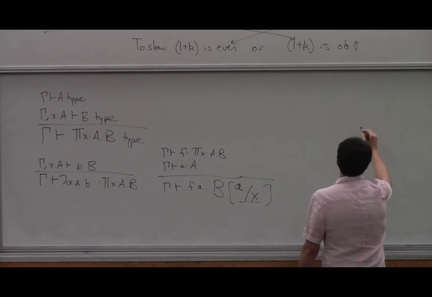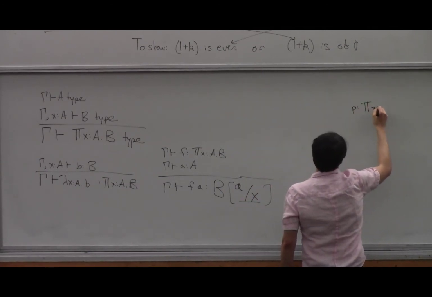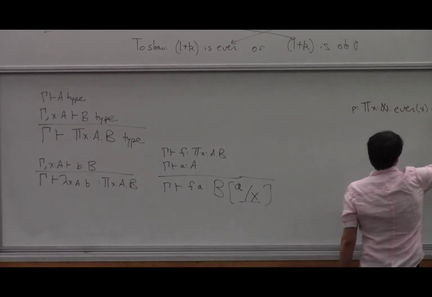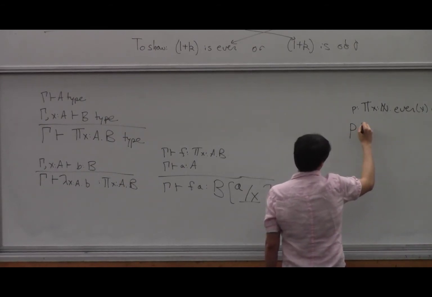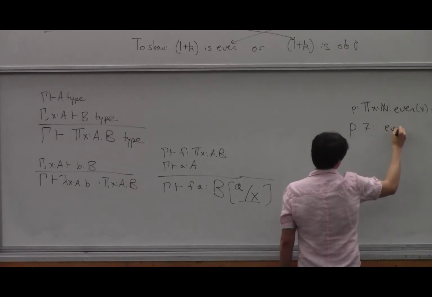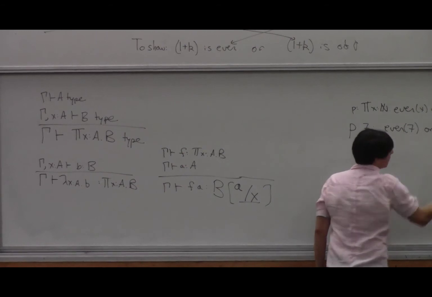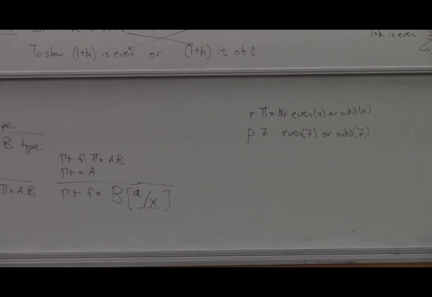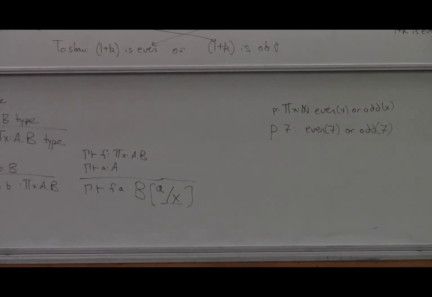Okay? So if I had my proof up there, which said pi x colon N, even of x or odd of x, then I could apply p to 7 and get even of 7 or odd of 7. When I apply a dependent function to an argument, what I get is the range of the function for that argument.